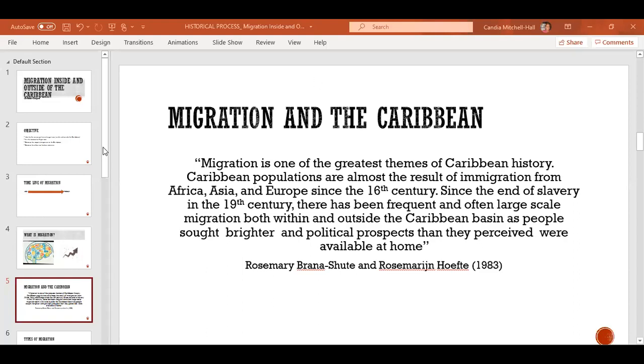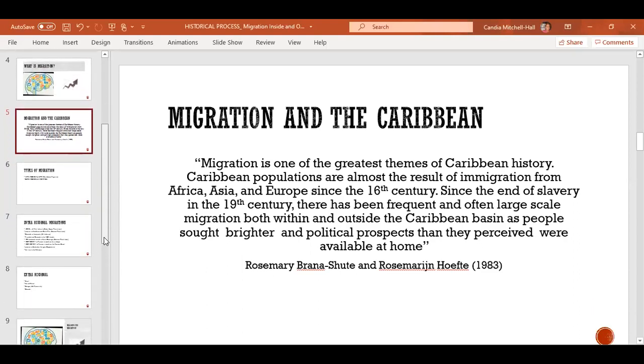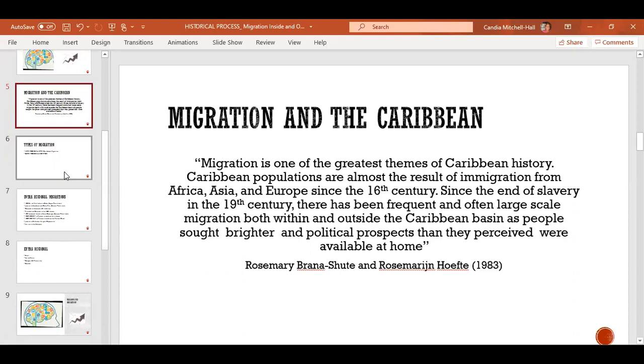And so migration is one of the greatest themes of Caribbean history. It is known that the Caribbean is a migratory space. People coming in, from the indigenous people, the Africans, the Indians, the different European groups coming into the region.